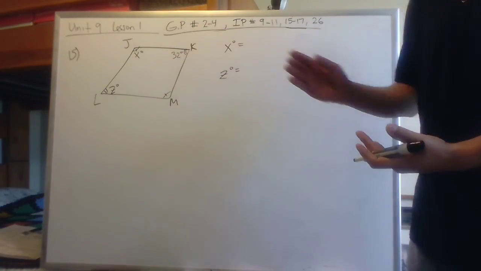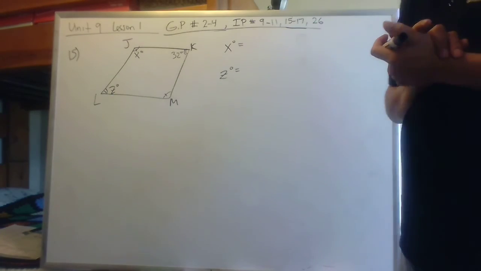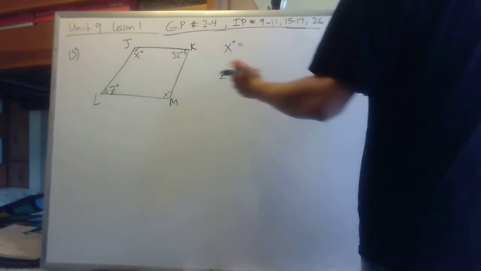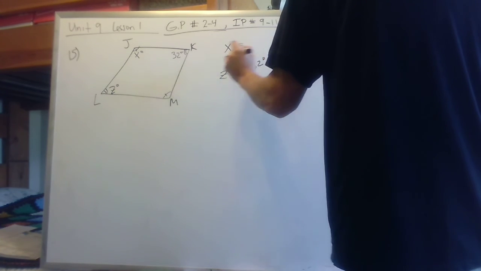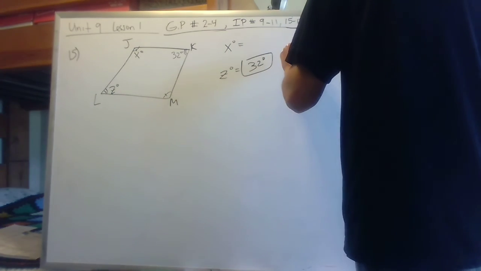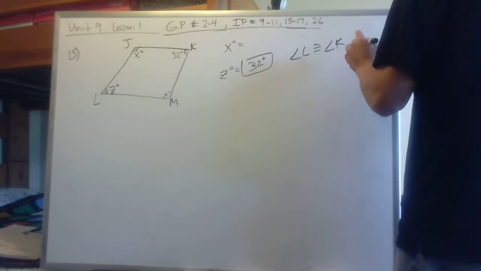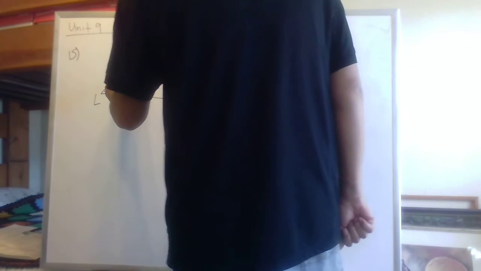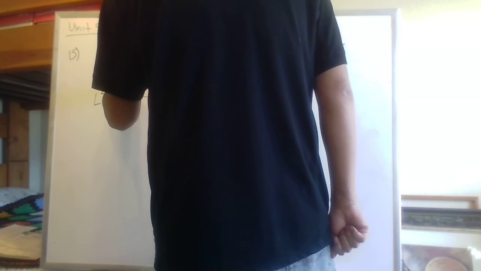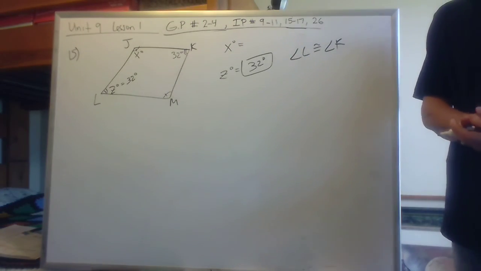Remember, opposite angles in a parallelogram are congruent. So that means that we know angle Z is going to equal 32 degrees. And that's because angle L is going to be congruent to angle K because they're opposite angles. So we can easily now say that Z equals 32 degrees based on the properties that we've been discussing.